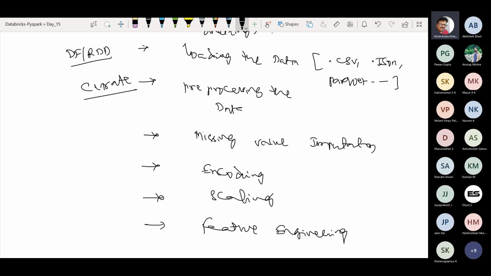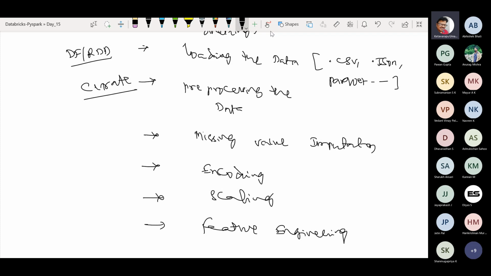That pre-processing involves curating the data according to the requirement of the algorithm, so that data along with the algorithm becomes the model. So that model is a product actually. That model is a product where you can fit the model as well as predict the corresponding outcomes.